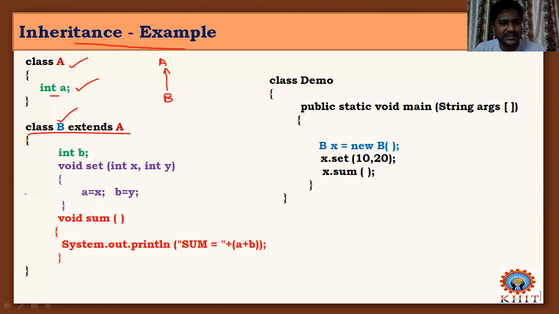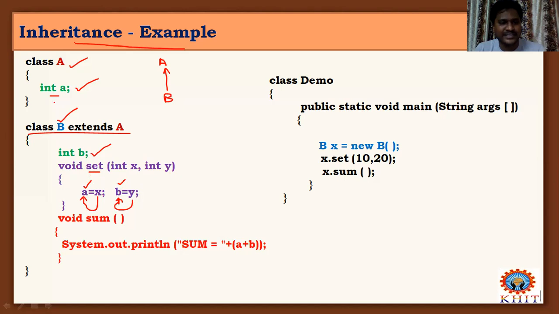Inside the scope of this B class, there is one instance variable, and here one method called set. This set method of the subclass initializes the instance variables A and B of both classes, class A and class B, using values X and Y. So when calling this method of the subclass, we can pass two parameters. The X value is used to initialize instance variable A, and Y is used to initialize instance variable B of the subclass.